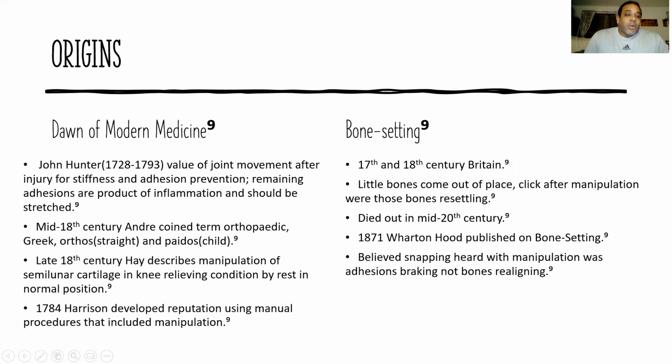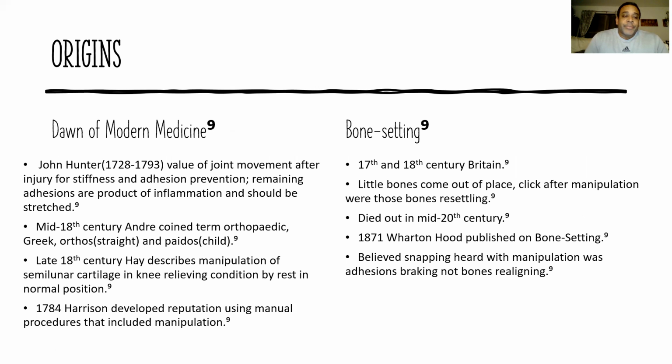Then we moved to the dawn of modern medicine, which was about the mid 18th century. We have John Hunter from 1728 to 1793. He wrote about the value of joint movements, especially after injuries, to prevent muscle adhesions.